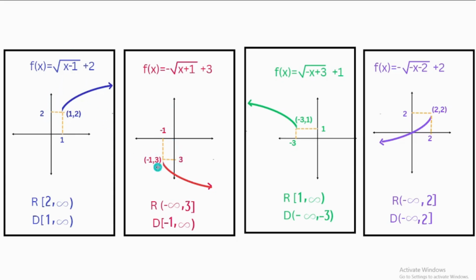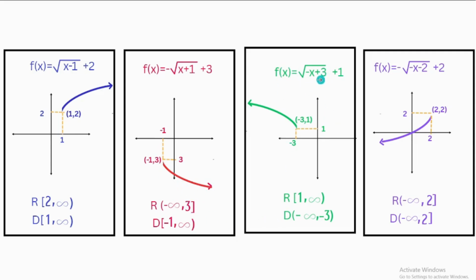This function's starting point is negative 1 and 3. x shifted by negative 1, so the domain will change. It will start from negative 1 to infinite, and the y shifted to be 3.